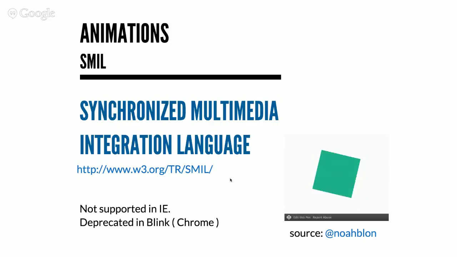IE ended up implementing their own version of SVG. I think it's VML format, is what it was. But the basic support for SVG is really good. Going back to IE8, you can do that VML type of fallback.